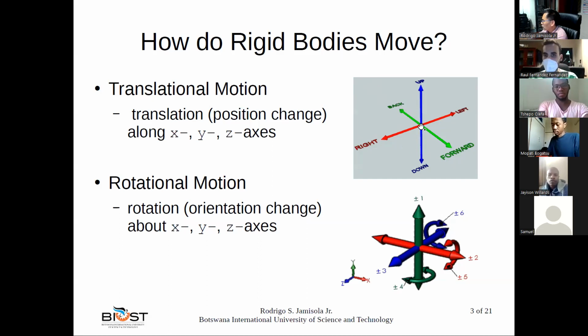The other way of moving is rotational. We can move, but we can also rotate. To rotate means to change our orientation. Maybe we are in the same point, but we are facing a different way. We are not moving from our position, but we are changing our orientation.